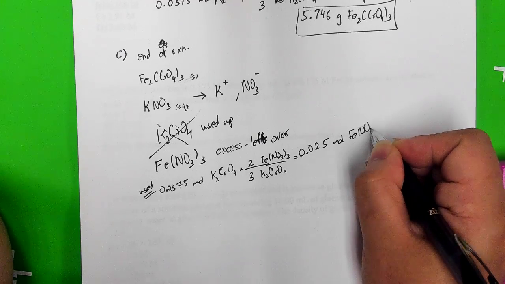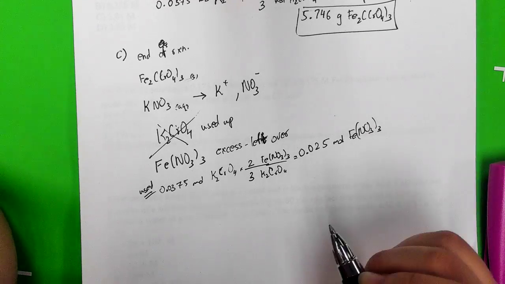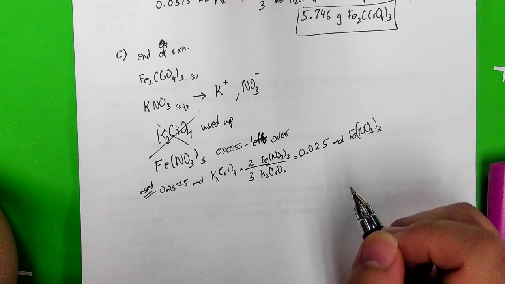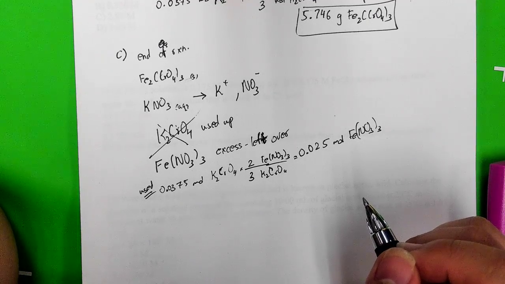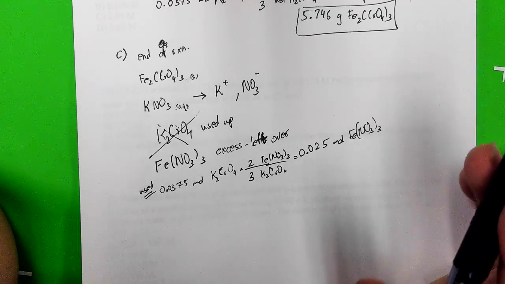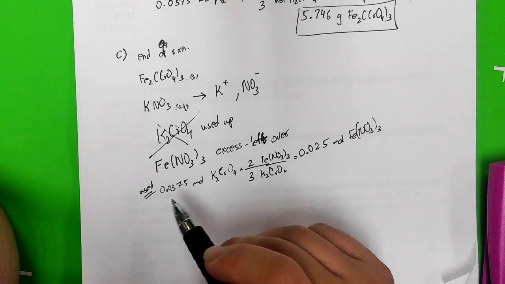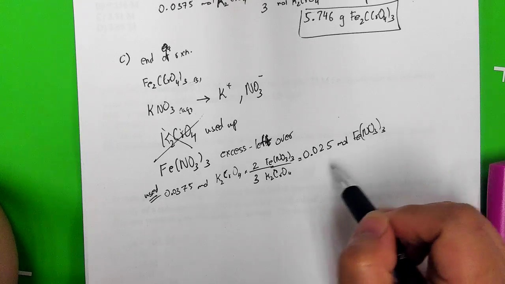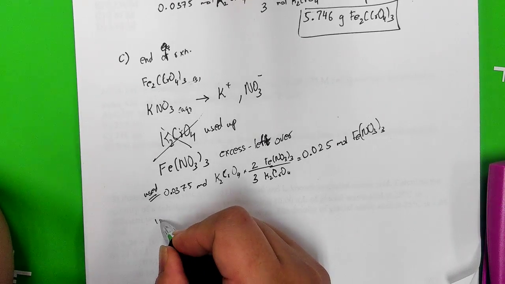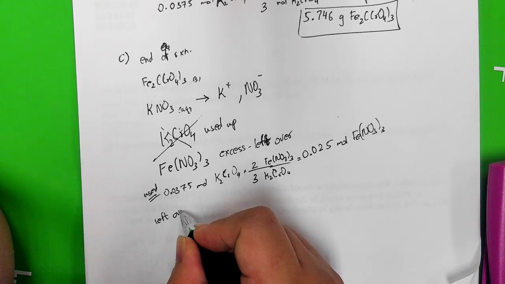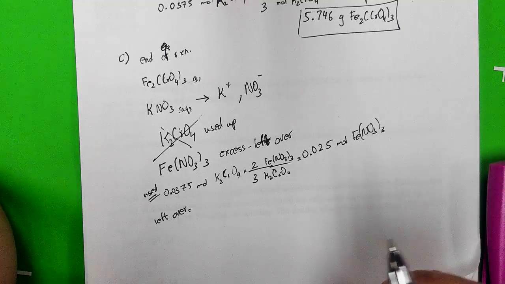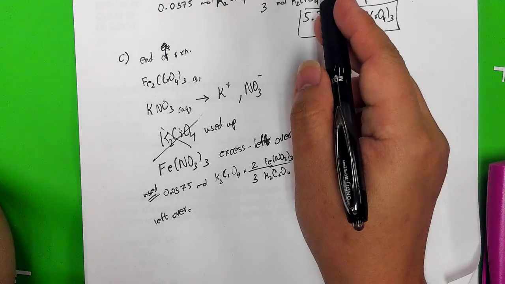Fe(NO3)3. Okay. To find molarity, you just need to know how much volume of liquid there is, and then you can divide and find the molarity. But notice that you can't divide this yet, this is the amount used. So you need to figure out the leftover, right? Which means how much it started out with, which is up here, right?